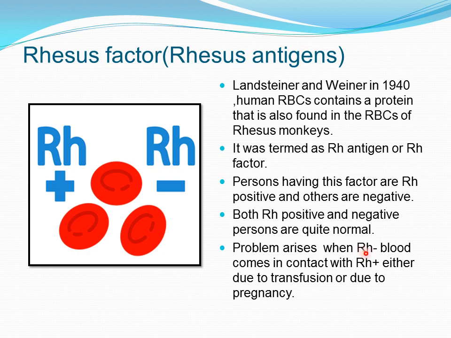But the problem arises when a rhesus negative person comes in contact with a rhesus positive person through blood transfusion, or in the case of females, when due to pregnancy the child of a rhesus negative mother becomes rhesus positive. What are the problems that come when there is this positive-negative clash of the two blood groups?